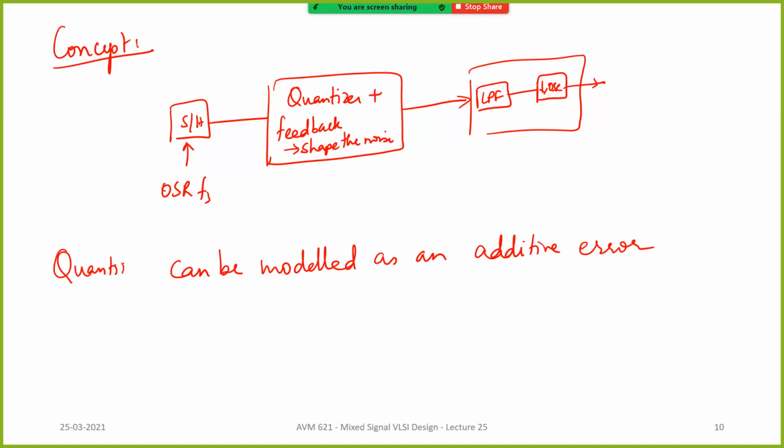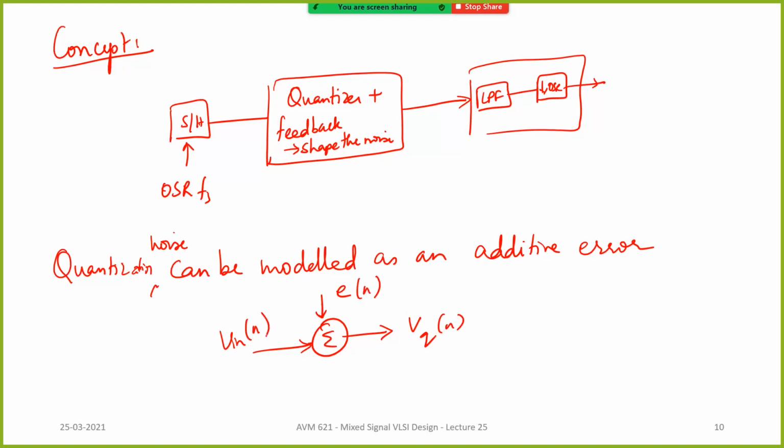Quantization noise can be modeled as an additive error. Okay, it's not a multiplicative error, it's an additive error. So you can say that if you have a quantizer, this is your input signal, this is your quantization error, E of n, and this is your output V_Q of n.